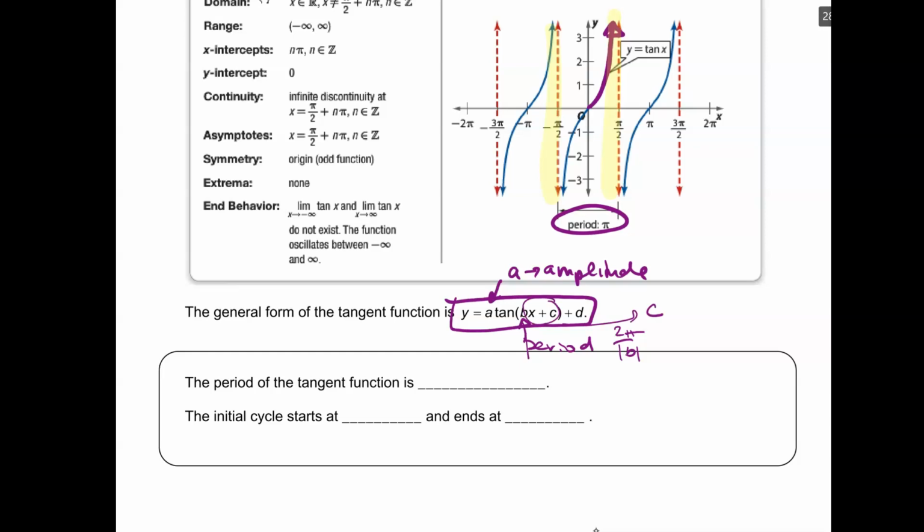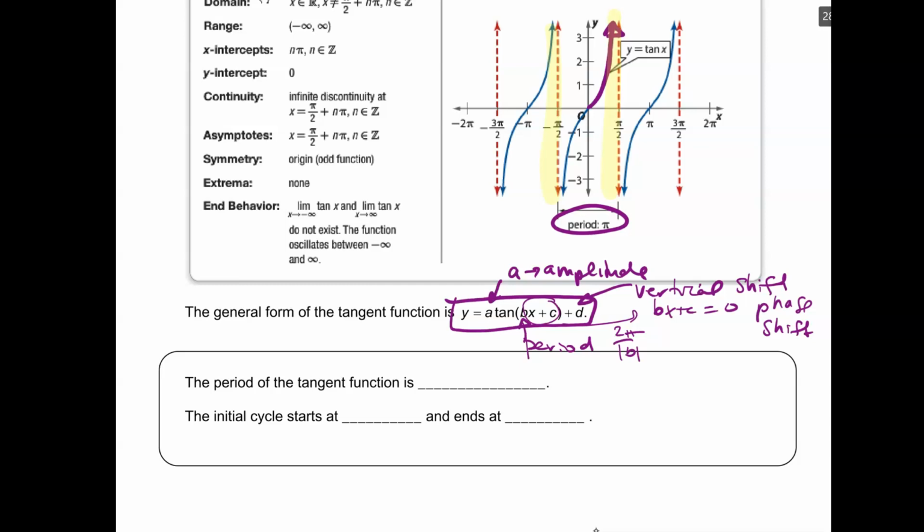C helps you find the phase shift, because you set bx plus c equal to 0. That's how you find the phase shift. And the last part, this D, is your vertical translation. So literally you're taking the whole thing and shifting it up however many units. If I'm adding to it at the end, everything is added to. So vertical shift is your D. So it's very similar to the layout of sine and cosine.